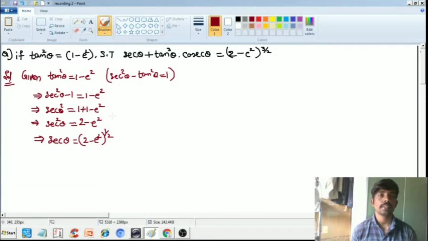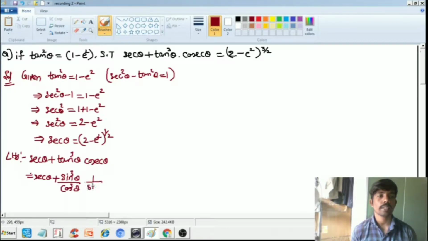Now consider the LHS part. LHS, what we have: secant theta plus tan cube theta into cosecant theta. From here I can write secant theta plus tan cube theta, which can be written as sin cube theta by cos cube theta into 1 by sin theta.